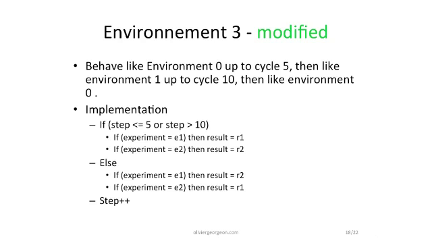Okay, so the final exercise. I'm going to show you traces that we can obtain with Agent 3 in Environment 3 that we developed last week. As I said, Environment 3 behaves like Environment 0 at the beginning and then switches to behaving like Environment 1.